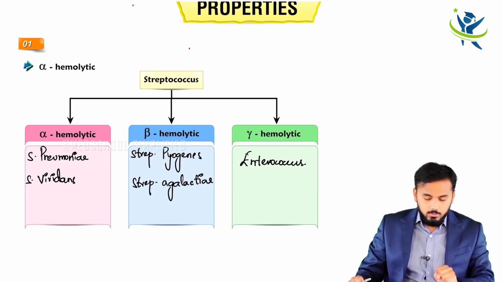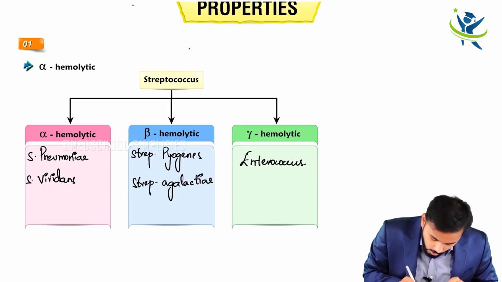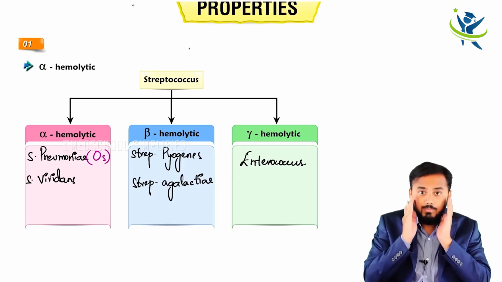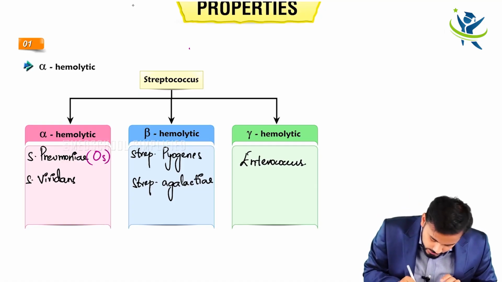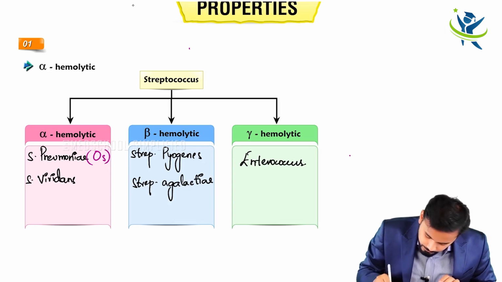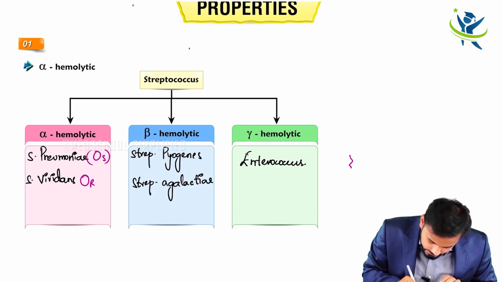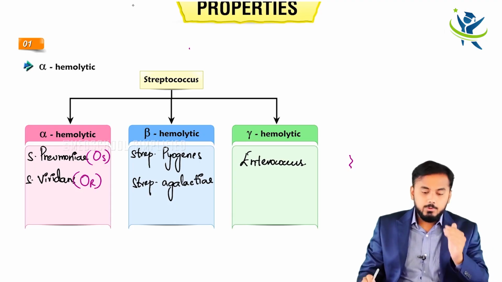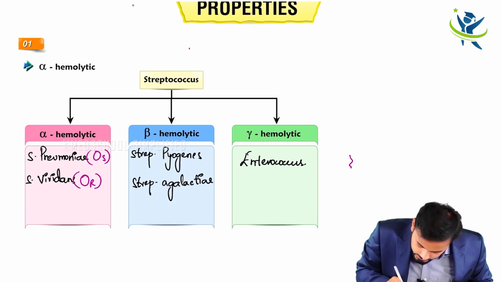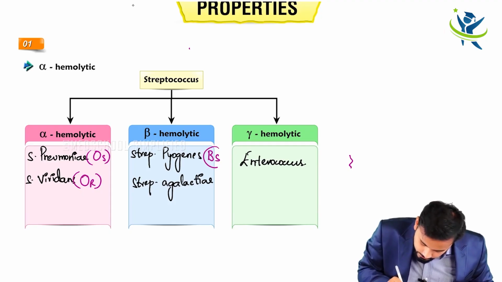Okay. Now, Streptococcus pneumoniae is optochin sensitive. Streptococcus viridans is optochin resistant. In the same way, Streptococcus pyogenes is bacitracin sensitive.